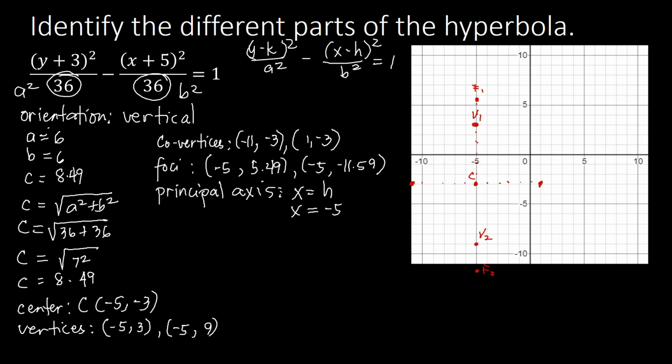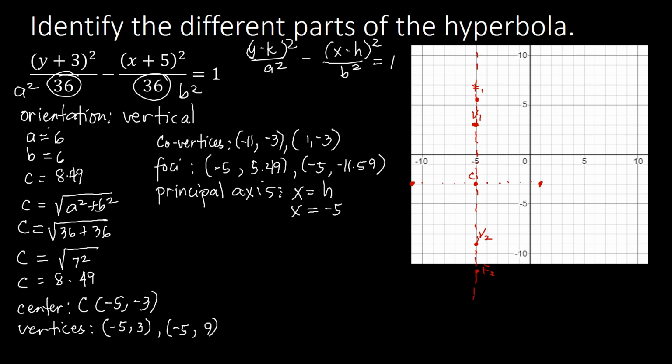If we draw that one, we can clearly see that our principal axis passes through our value on x, which is -5. Because again, your principal axis passes through the focus, the vertex, and as well as the center. So see, it passes through the value of x, which is equal to -5. So this will be our principal axis.